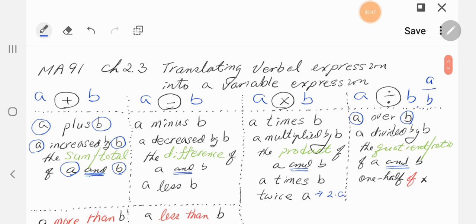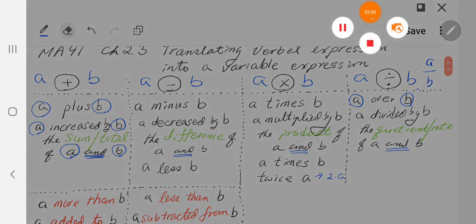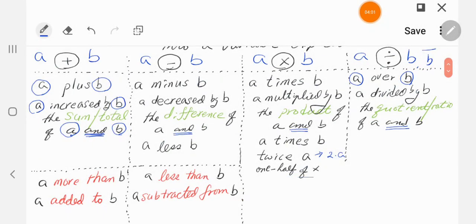And 1/2 of x means, this is a product. 1/2 of x means 1 over 2 times x, right? This "of" means multiply.